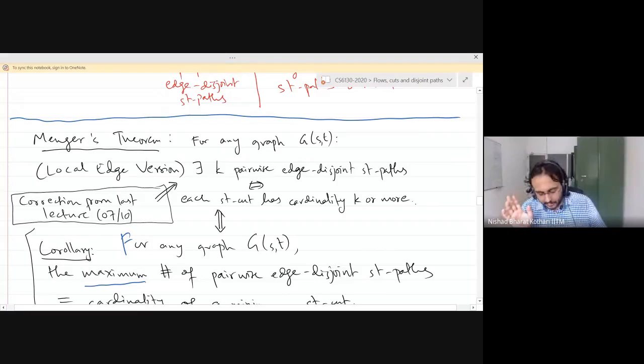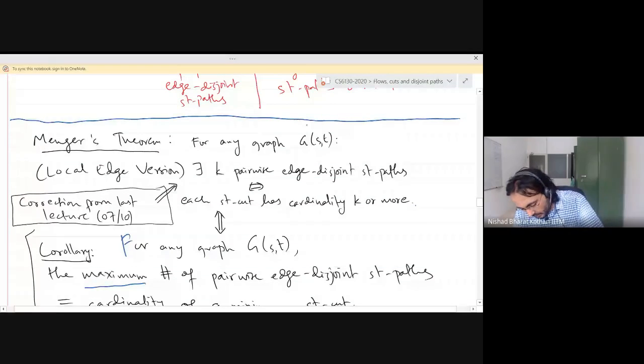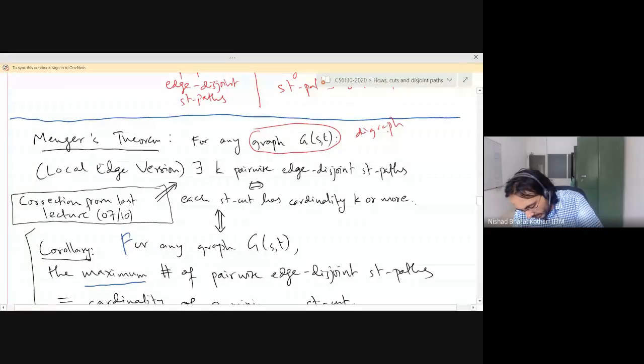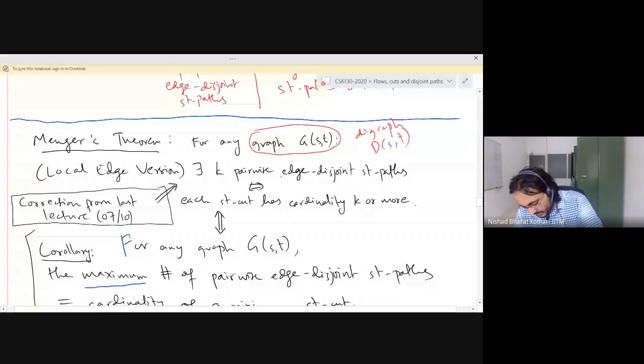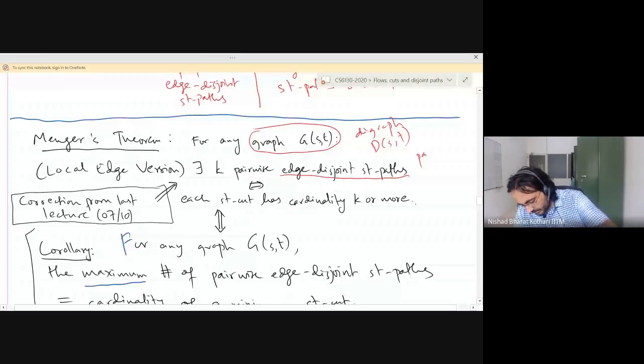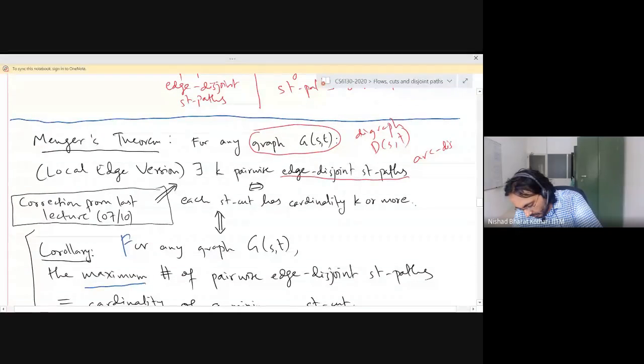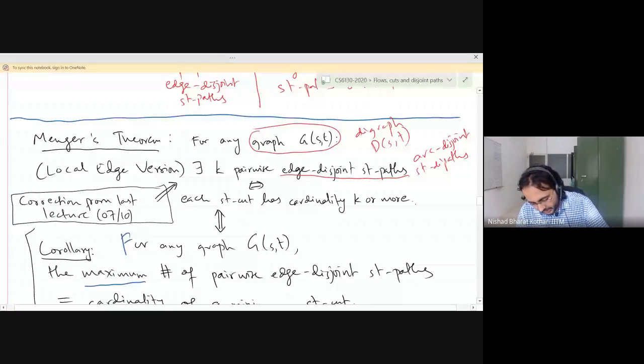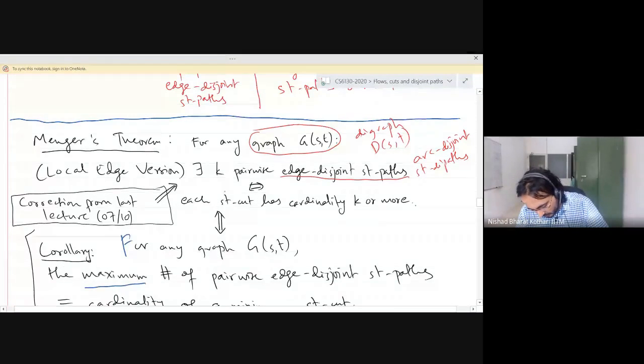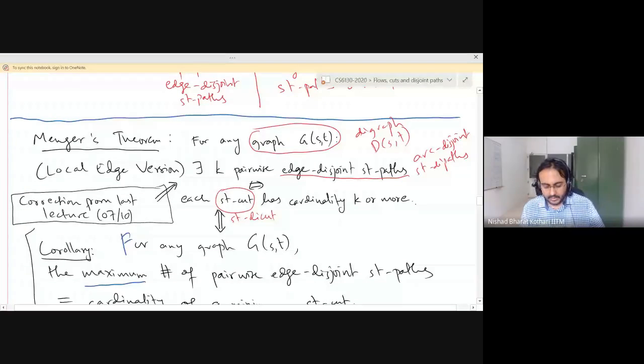And Menger's theorem changes in the same exact manner, the local versions. We are not talking about global versions for directed graphs because we are not talking about directed graph connectivity. So we'll just focus on the local version. For any digraph D, S, T, there exist K pairwise arc-disjoint ST dipaths if and only if each ST dicut has cardinality K or more.